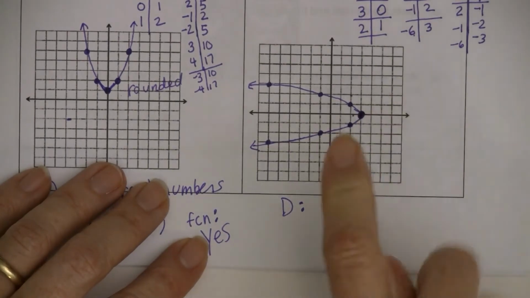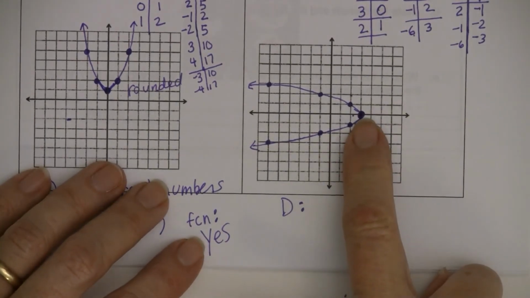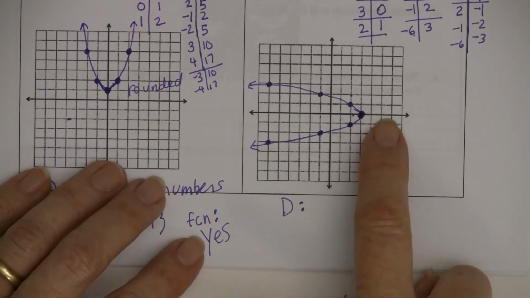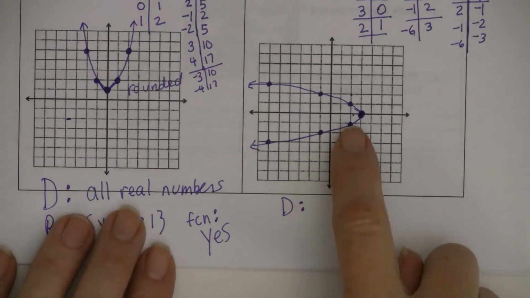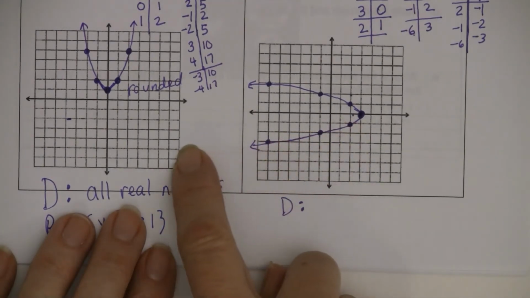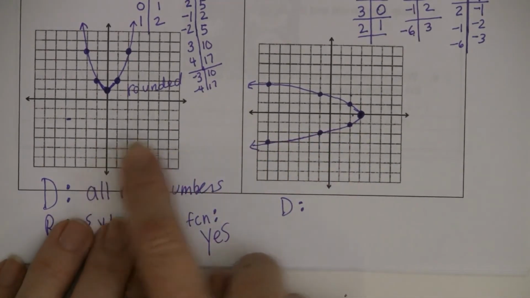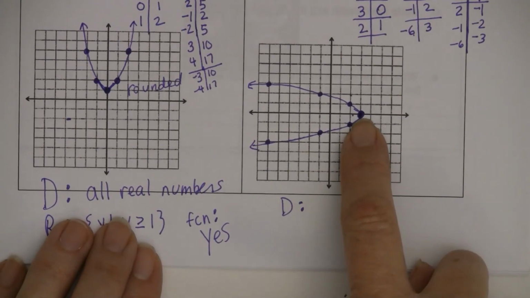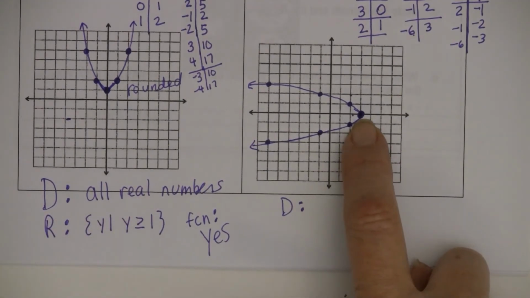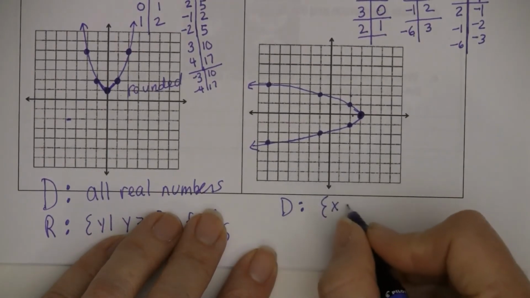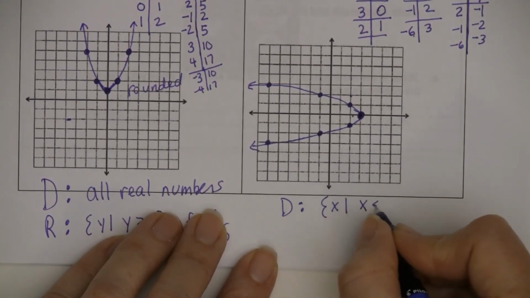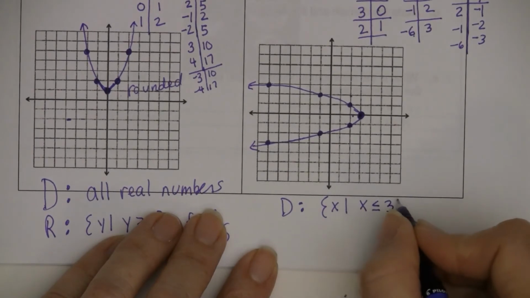And you notice that the graph doesn't go to the right of that point at all. The domain is your left and your right. From the left, I can go on forever, but the highest I can get to as I go to the right is 3. So it is the set of x such that x is smaller than or equal to 3.